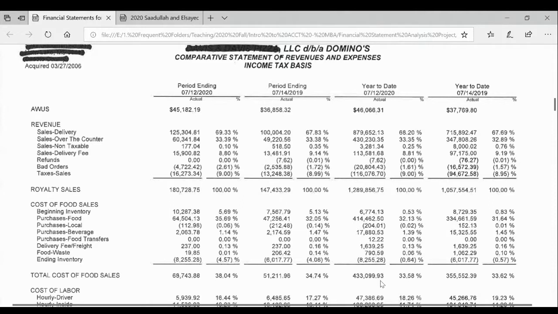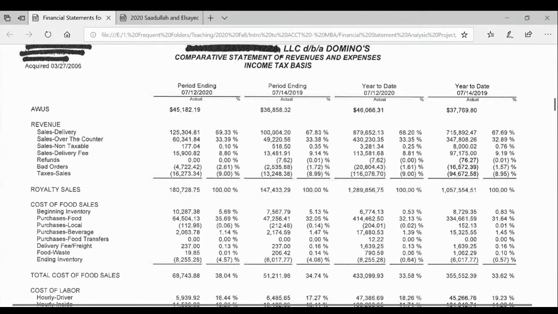And if you come down here and look at the two numbers under cost of food sales, this is the cost of goods sold, so they call it cost of food sales. The first number is 433,000 and the second number is 355,000. Do you see those two numbers? See my arrow?